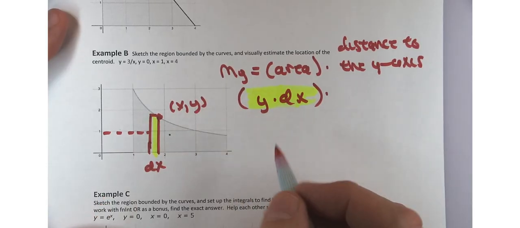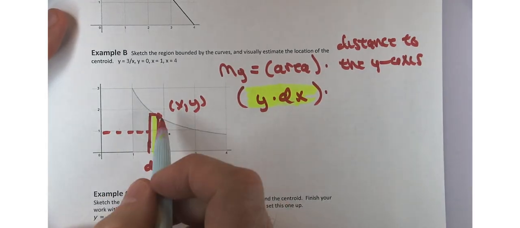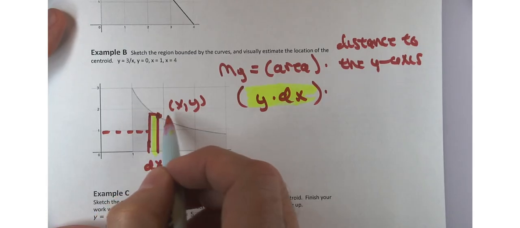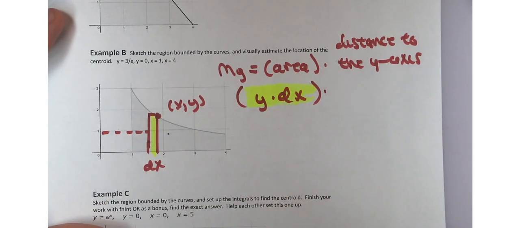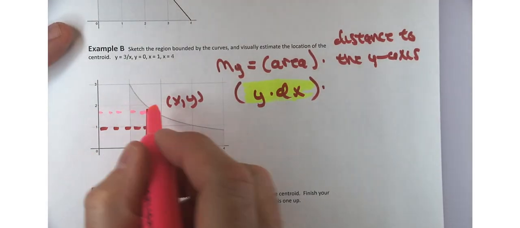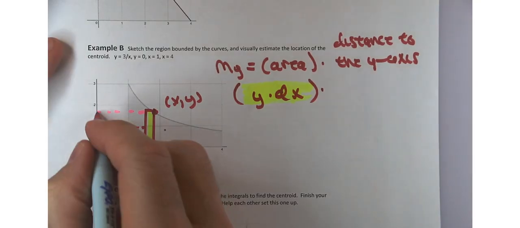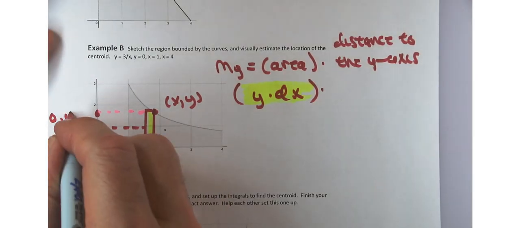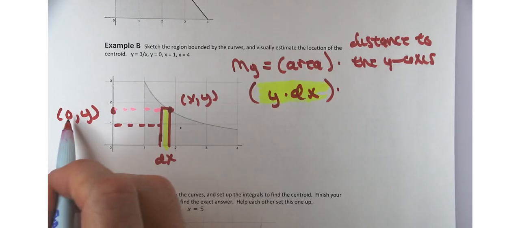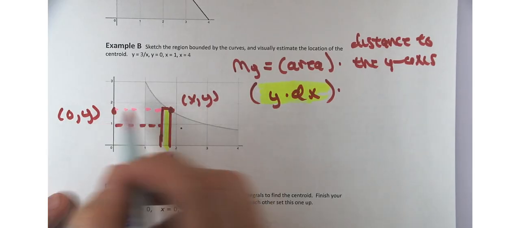No, not quite. This coordinate is a general coordinate, x and y. Its distance to the y-axis is just, well, let's see. This would have coordinates of 0 on y, because you're right on the y-axis. Yeah, thank you, just x.